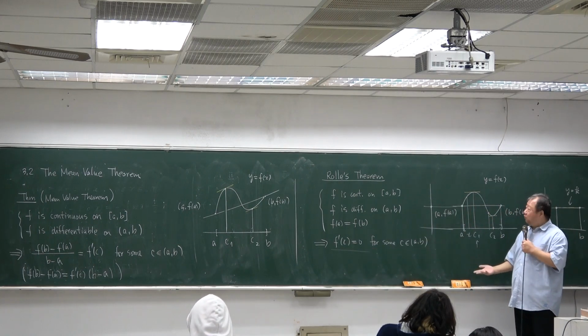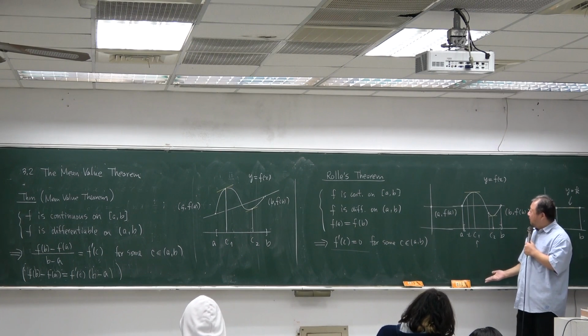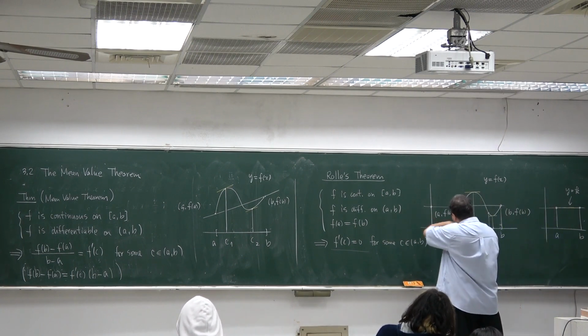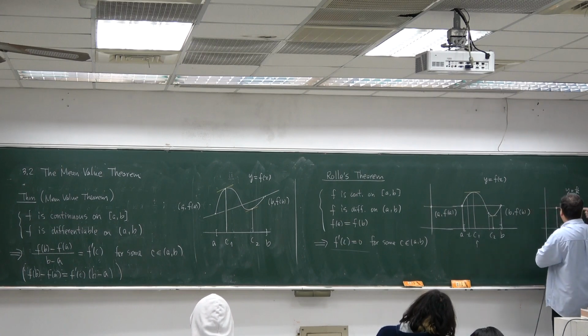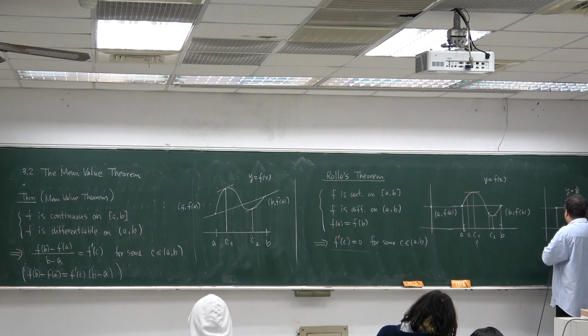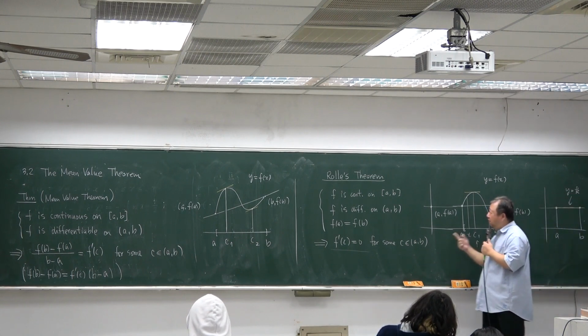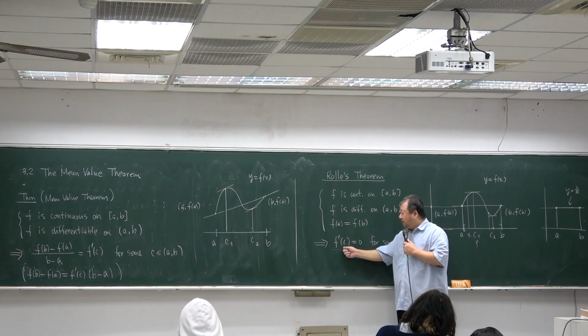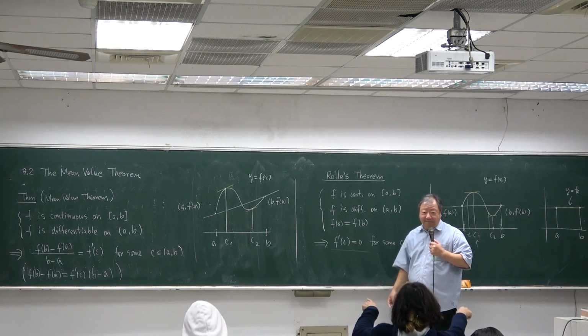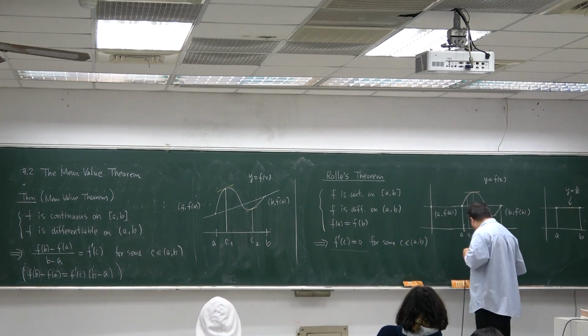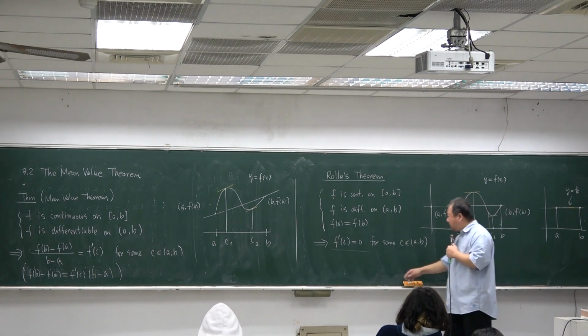Of course, another possibility is the maximum and the minimum are the same. Maximum also the minimum means this function is constant. In this case, every interior point of the closed interval can be used as the number c. Okay, no problem. This is exactly the first case.